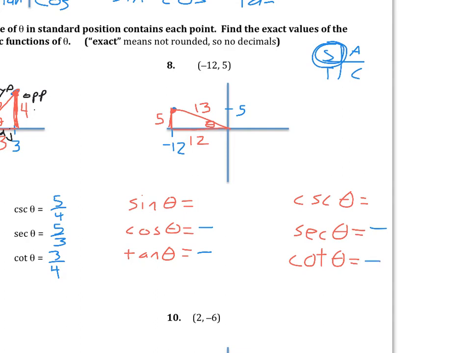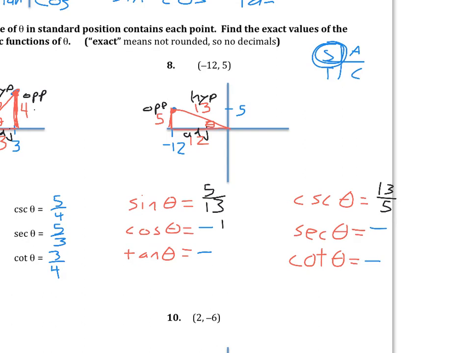Okay, so we have to label our sides. This is opposite of theta. This is adjacent to theta. And this is the hypotenuse. Alright, so sine is opposite over hypotenuse. Take the reciprocal for cosecant.